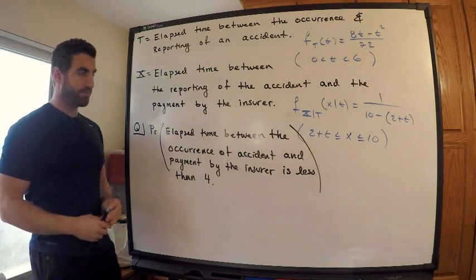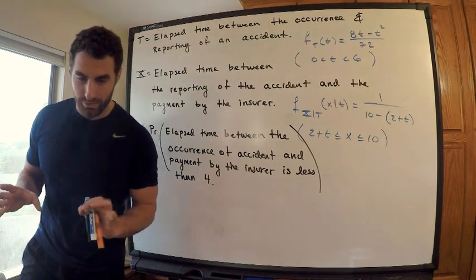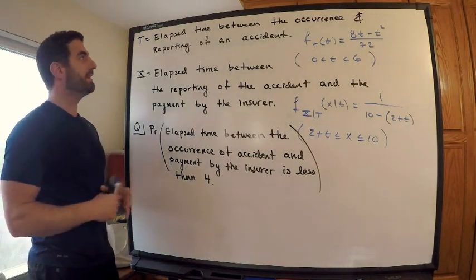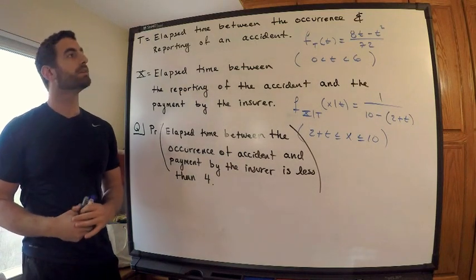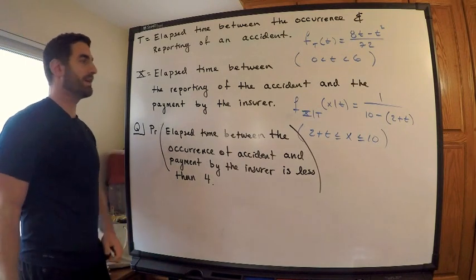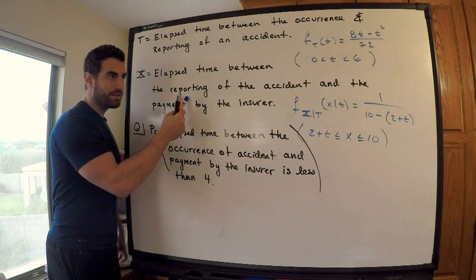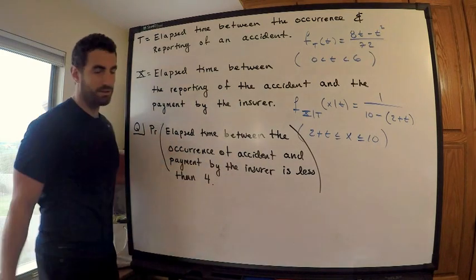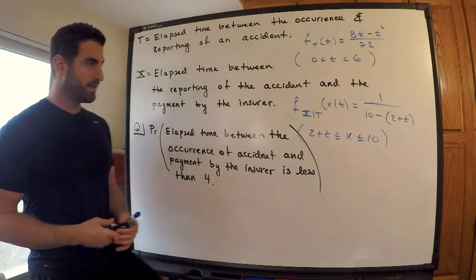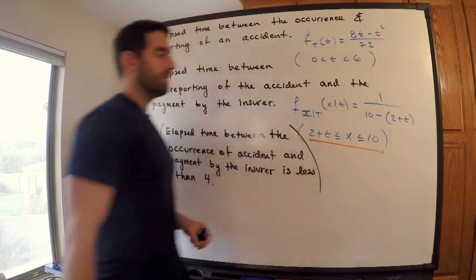Now I also have another random variable x, and pay attention to the wording. The wording with these problems is always very important, because the question says that given t, the time between the occurrence and reporting of an accident, the elapsed time between the reporting of the accident and the payment by the insurer is uniformly distributed on this weird interval, the interval given there.